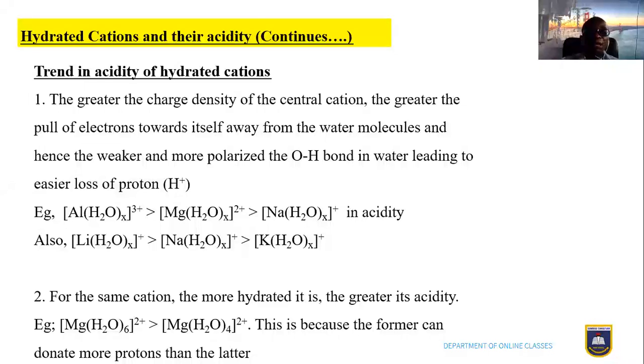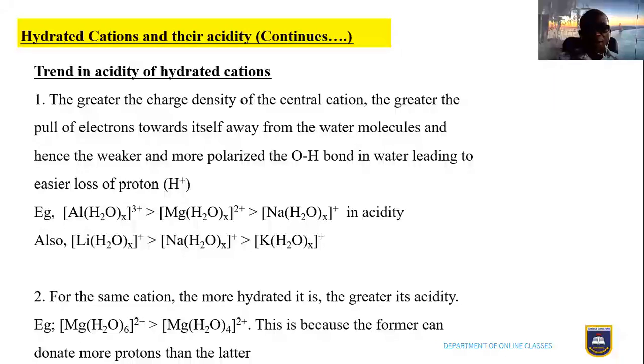The other alternative is if the cations are the same, the same magnesium, so they have the same charge. You can't use charge density because all of them will have the same charge density. They have the same size and the same charge because they are atoms of the same element. In situations like that, the number of molecules of water around the cations will be different.